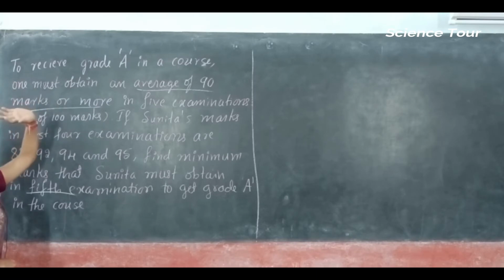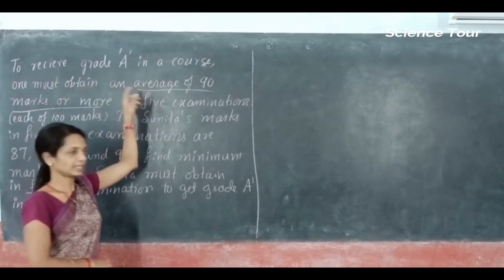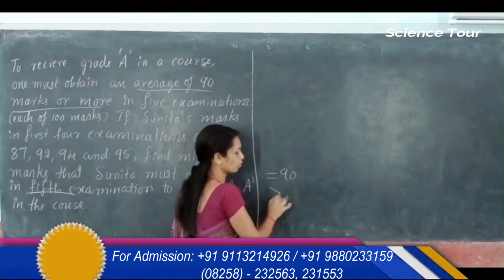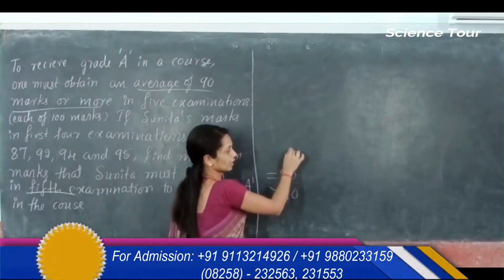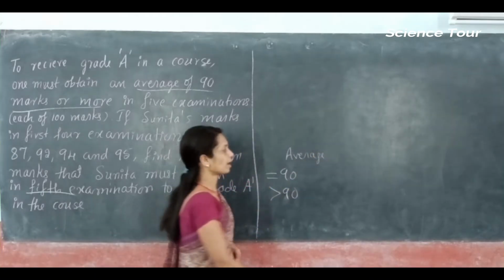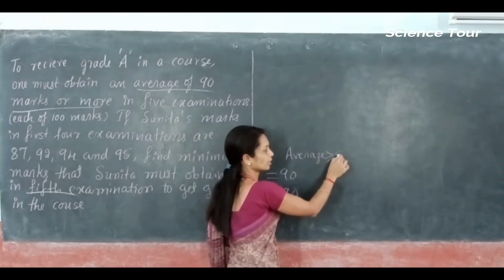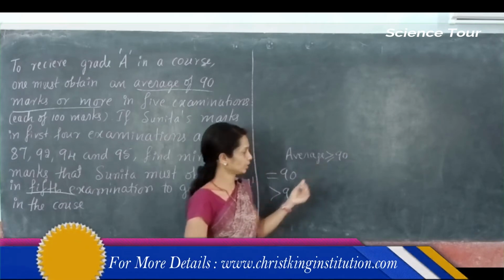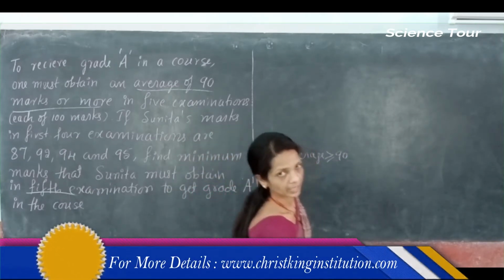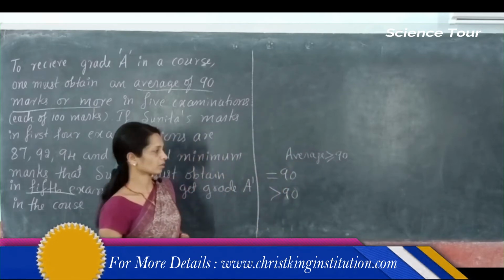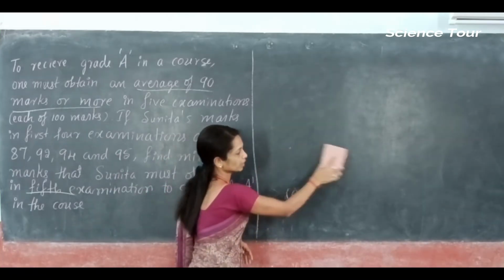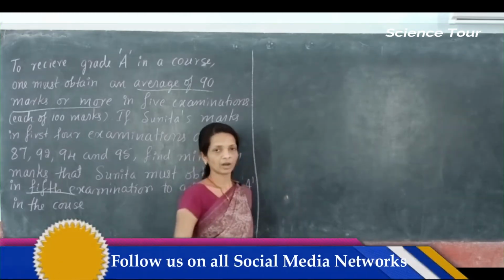Means the average of those 5 test marks should be greater than or equal to 90. Greater than or equal to 90 means 90 or more. That you have to keep in mind.